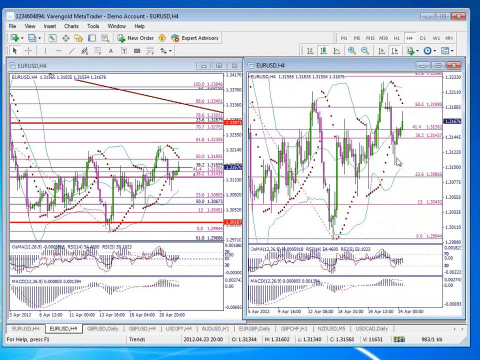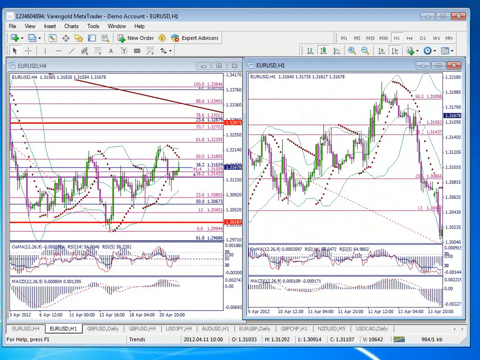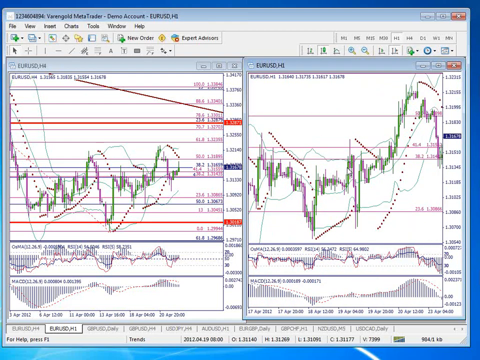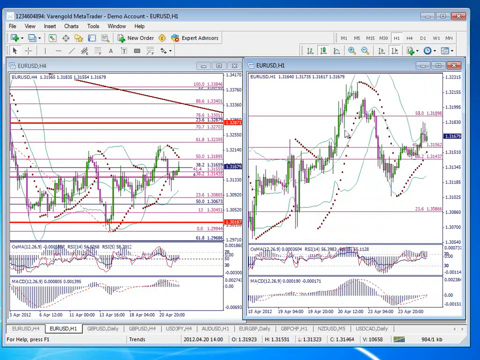I will look for signals. I will look for trends on the 4-hour chart, but I will look for signals for entry and exits on smaller time frames. We can look for signals in 1 hour or smaller time frames.